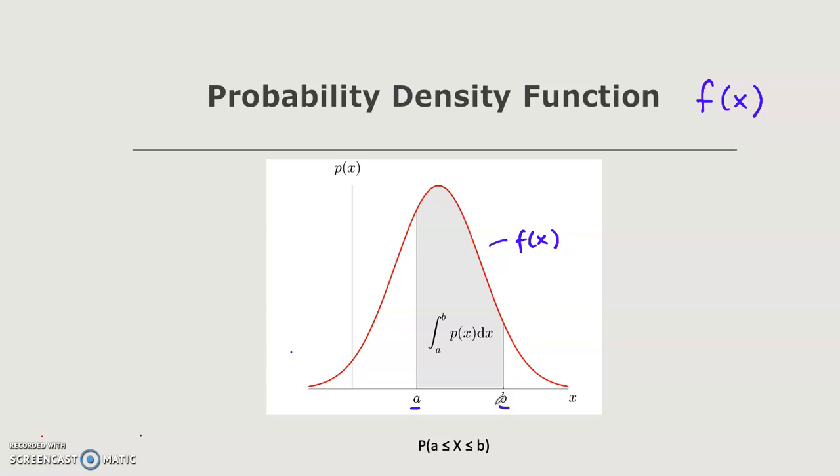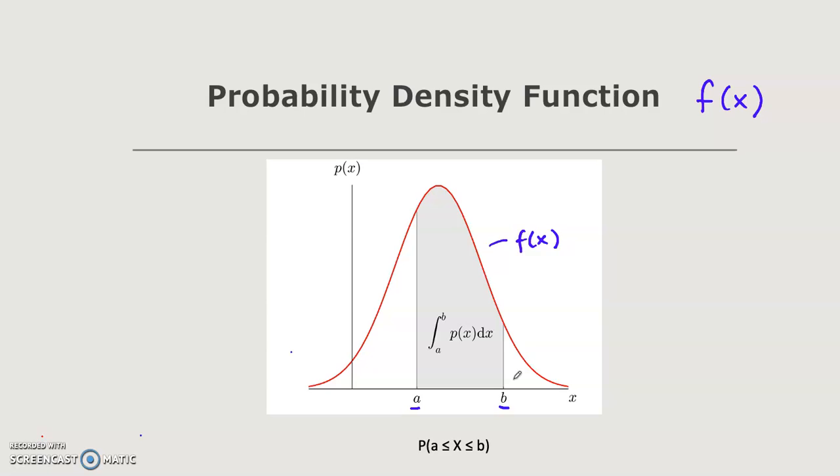Moreover, the entire area under f(x) over all values of x must equal 1. This is equivalent to the fact that for a discrete random variable, the probabilities add up to 1.